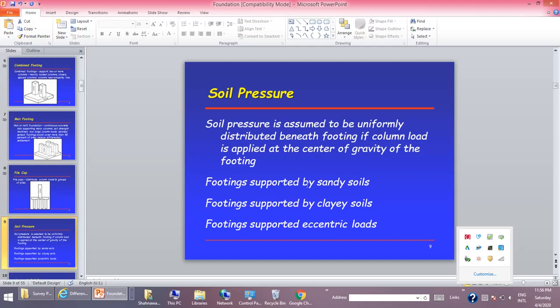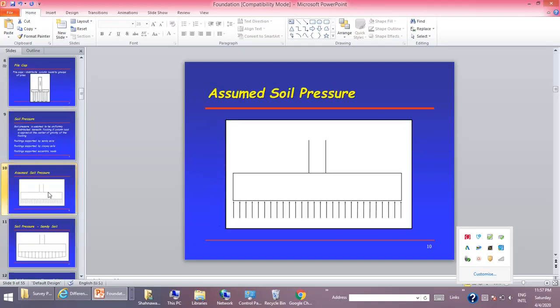The pressure distribution diagram, the upward pressure exerted by the soil on the footing, depends on the type of soil. Suppose this is the column load, and the column load goes to the footing and the footing transfers it here, and this is the bearing pressure exerted by the soil.